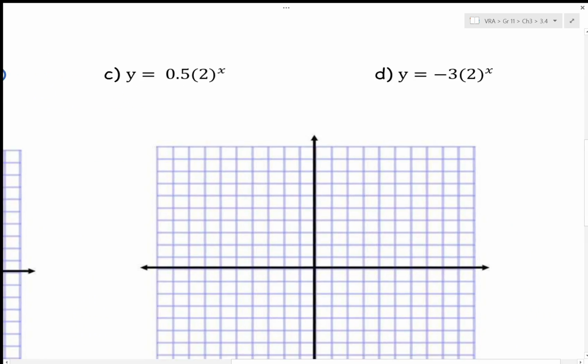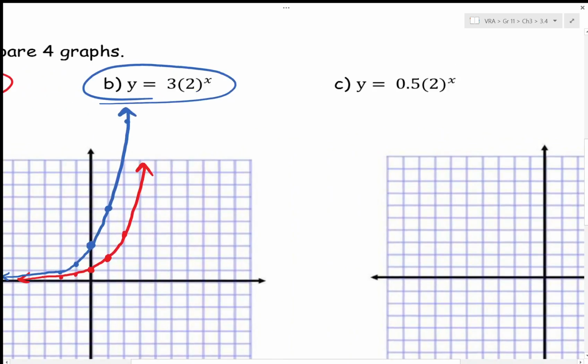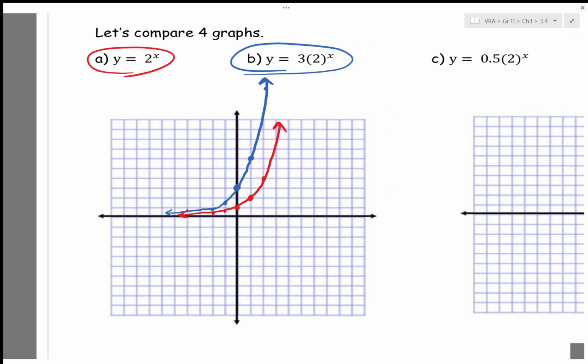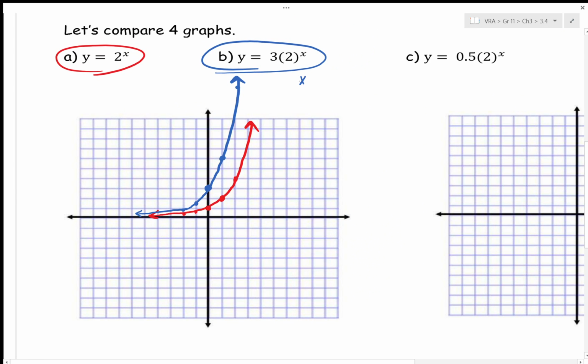Let me make a little note on it. This a is a vertical stretch or compression, which will be dealt with again in the next session. And also a times (0, 1) gives you your new y-intercept when there is no vertical translation.